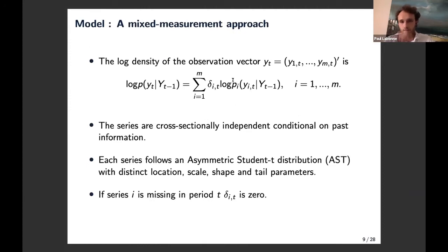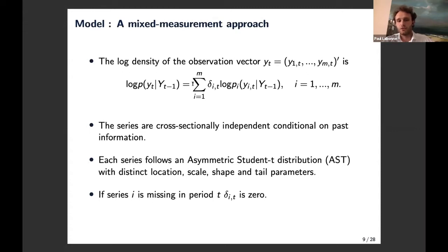So the model is a score-driven model. Here, y_t represents the observation vector, and m is the number of series that I'm modeling. Here, I will be modeling 4 series: GDP, industrial production, unemployment, and the weekly economic index. Then I need to set a conditional distribution for this data.